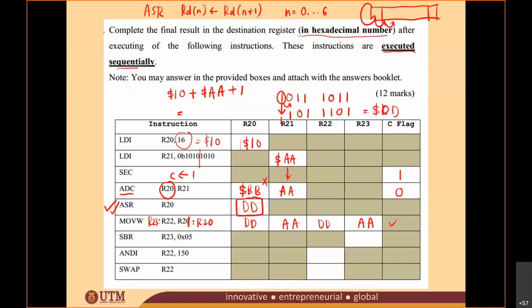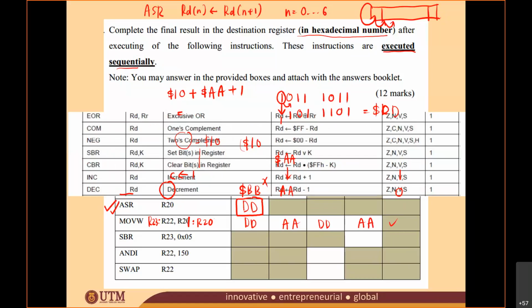Okay, next we go to SBR. SBR R23, 0x05. So what is SBR? Okay, kalau kamu tengok kat sini, SBR. It says that you're going to set bits in a register.